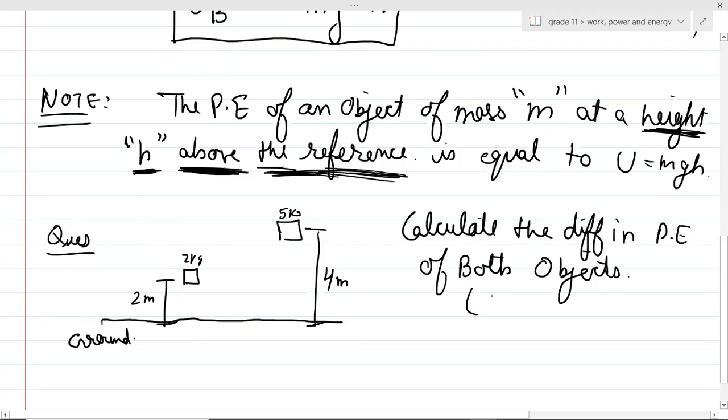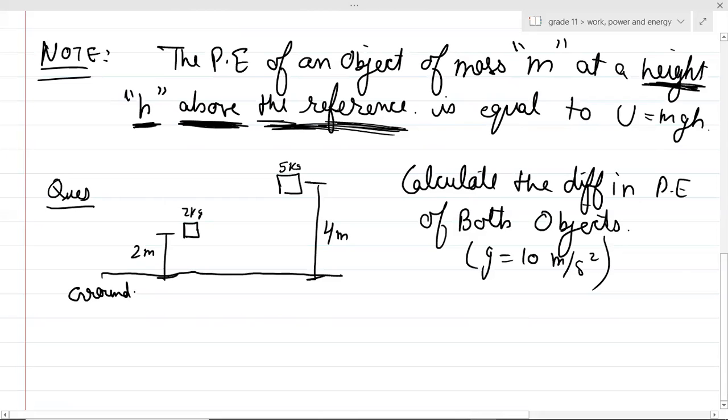And take g as 10 meters per second squared. I think it's an easy question. So basically, the potential energy of this object and this object.